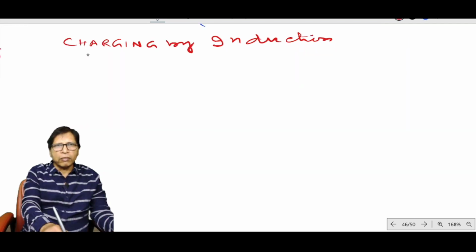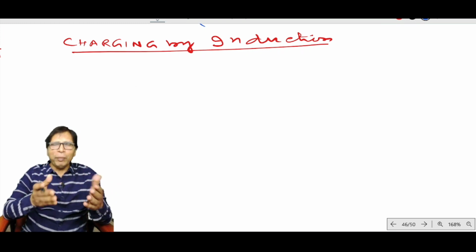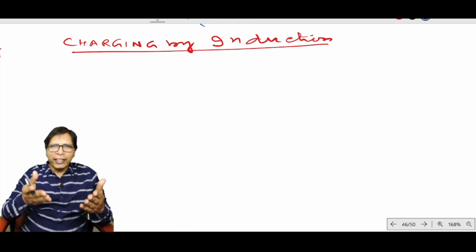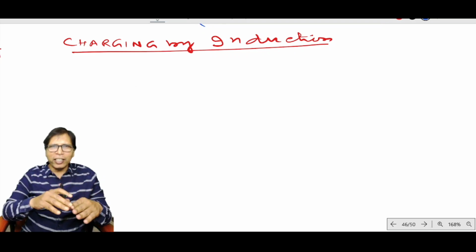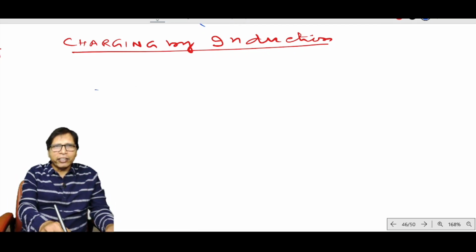Now charging by induction. First of all, what is induction? If a charged body is brought near an uncharged body, then the uncharged body gets charged. This phenomenon is known as electrostatic induction. Suppose this is a charged body with positive charge.